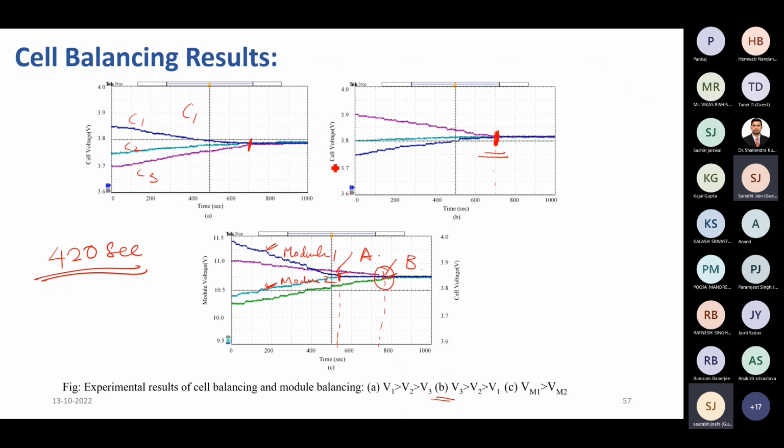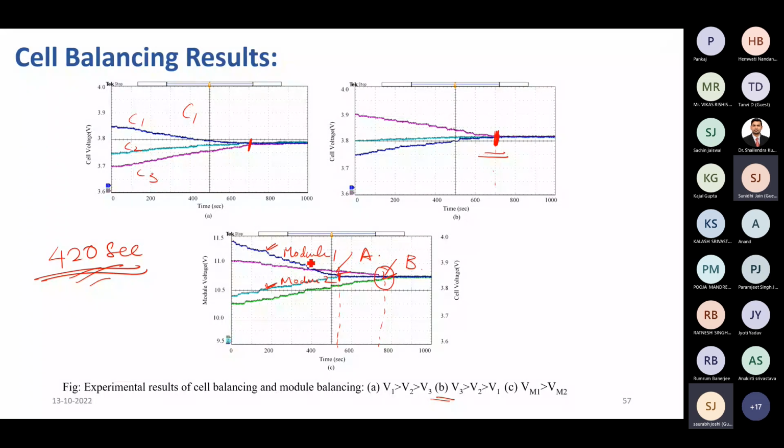So these results which I've shown are for the conventional method. In the modified method, where we are able to work on the module and also with the cell balancing, we are able to achieve that in almost less than 450 seconds, with high balancing speed and efficiency, with whatever buck boost converter topology, the converter schemes we have explained: the capacitor method, transformer method, or converter based method.